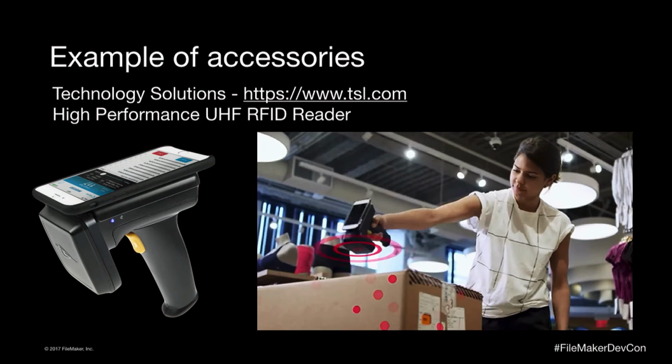Each of them has an RFID tag. And when you're moving this accessory near the box, you're reading all the RFIDs in this box almost simultaneously. So I have one project, a remote project, with this accessory, and it works quite interestingly.